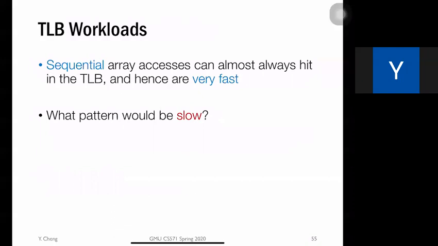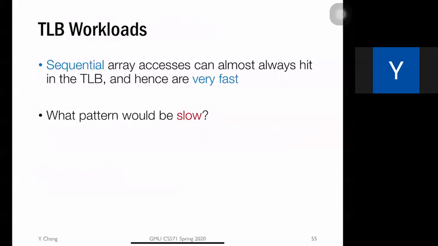This is essentially a sequential memory access pattern, right? As we've already observed, sequential array accesses can always hit in the TLB and hence are extremely fast because it eliminates most of the very first physical memory accesses targeting the page table entries. So this is the very first typical workload pattern that benefits from TLB, right?